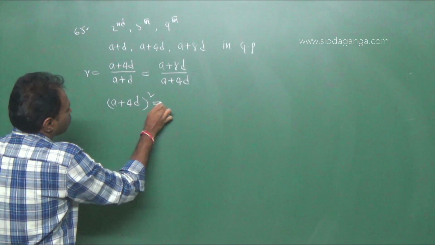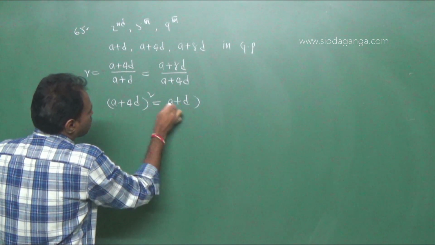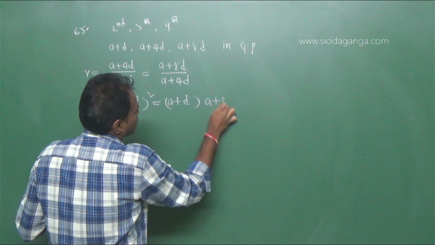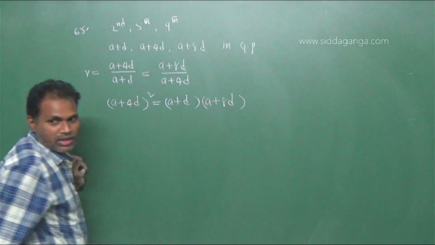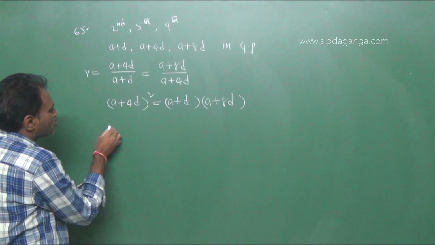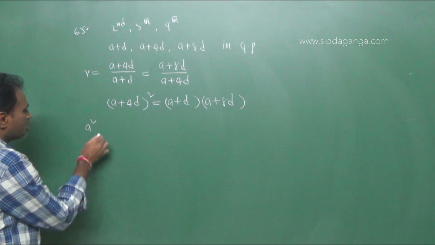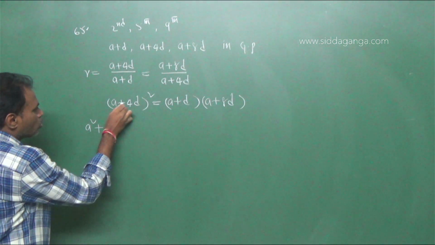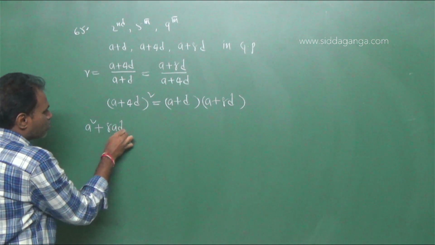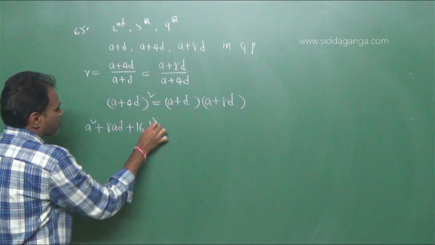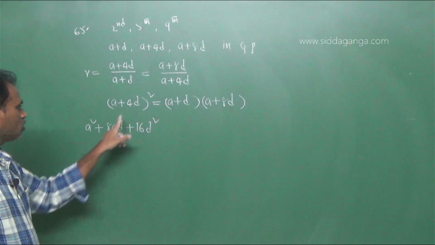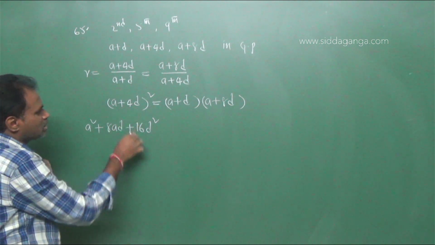equal to a plus d into a plus 8d. Now a plus 4d whole square means a square plus 2 into 4, 8ad, plus 16d square.